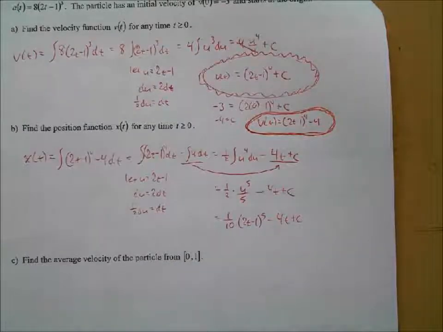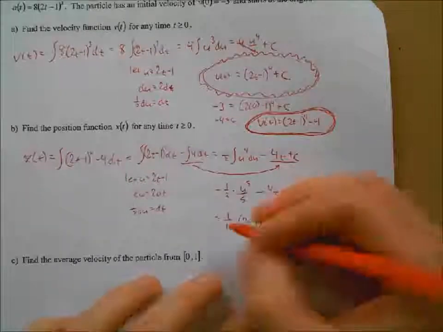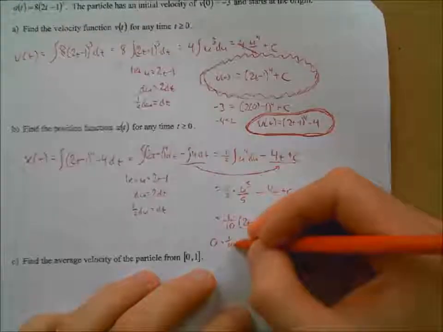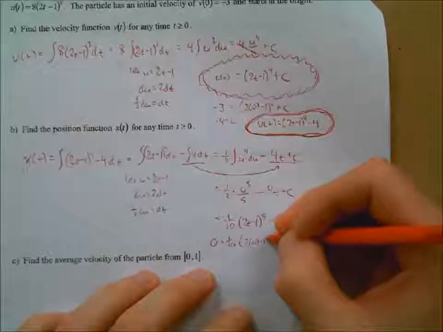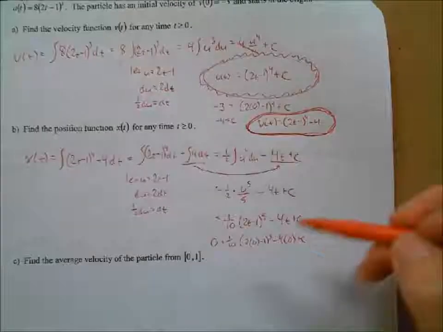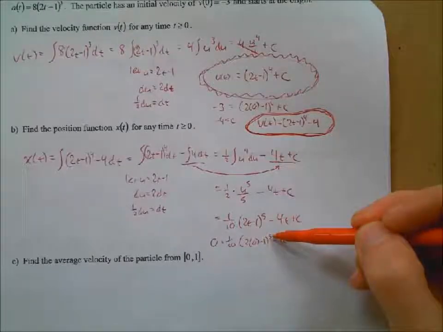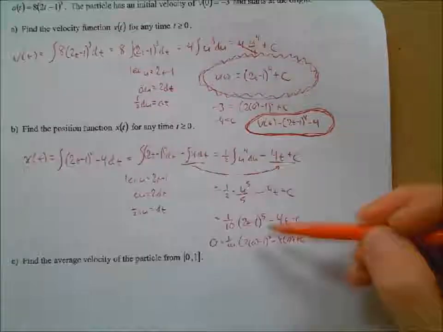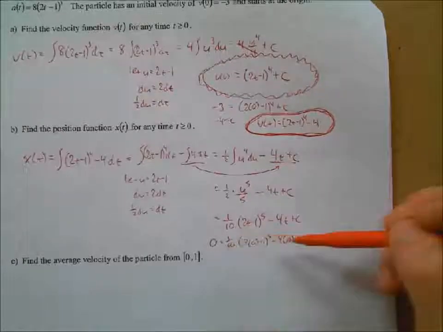And of course, what do we know about our position? It's at the origin, which means the position is 0 at time 0. It starts at the origin, so 0 equals 1/10 times (2 times 0 minus 1) to the 5th, minus 4 times 0 plus c. And so we get negative 1 to the 5th, which is negative 1. Negative 1 times 1/10 is negative 1/10, minus 0 plus c.